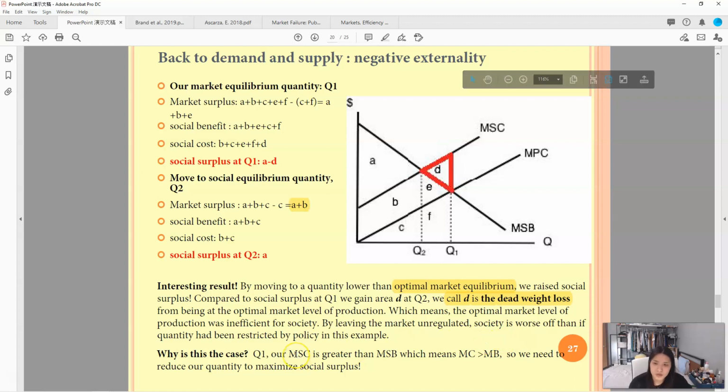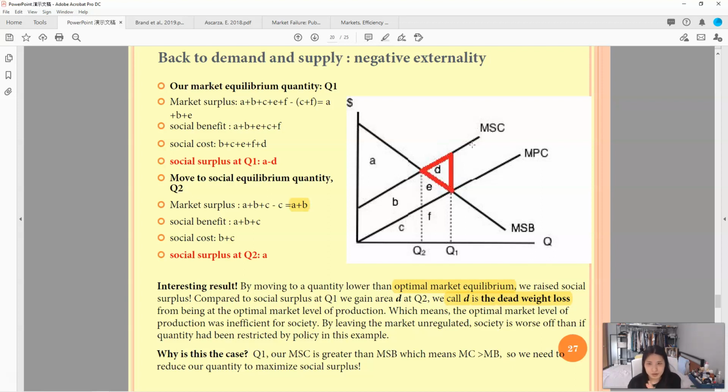So why is this the case? Because at Q1, as we can see, the marginal social cost curve is greater than the marginal social benefits curve. Or we can say the social supply is greater than social demand.